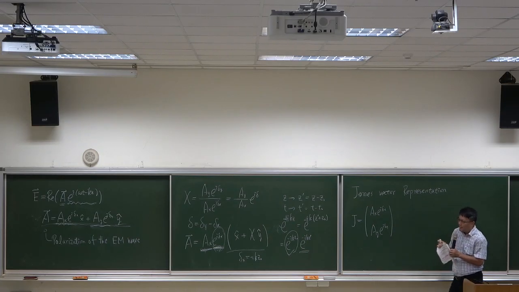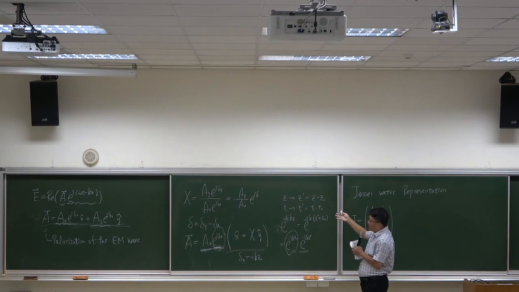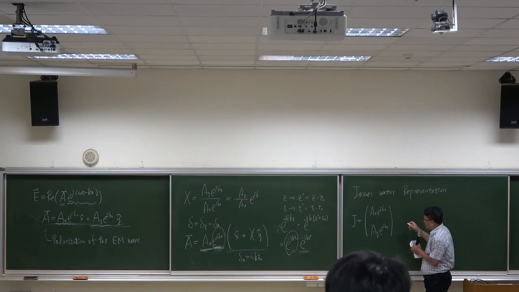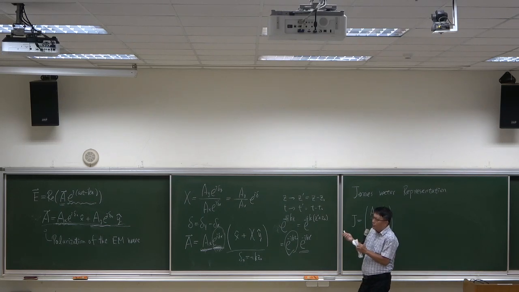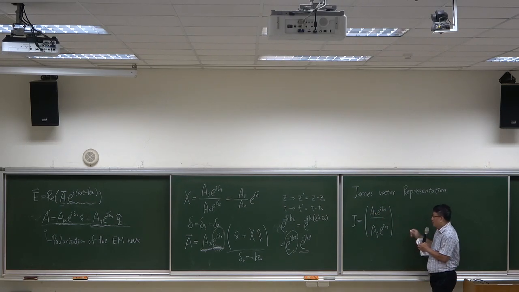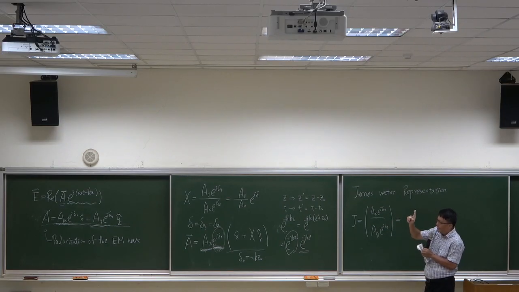However, just as I emphasized, the absolute amplitude and the absolute phase are not very important. So we can normalize this vector to keep its length equal to 1.